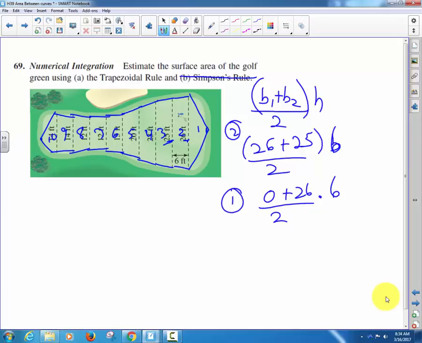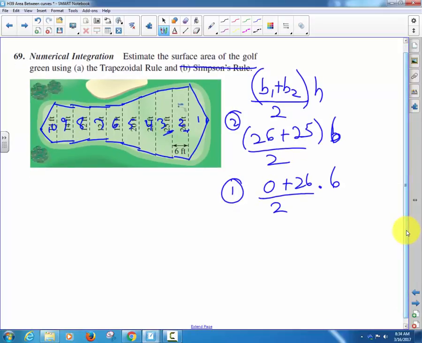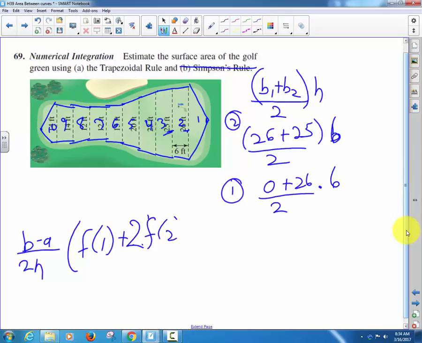All right, there's another formula that we briefly talked about, and it was something like this. B minus A over 2N times F of 1 plus 2 times F of 2 plus 2 times F of 3 plus all the way to 2 times the last one. Does that formula sound vaguely familiar? And remember, B minus A is the total distance from here to here.